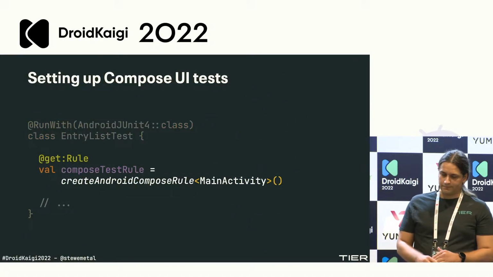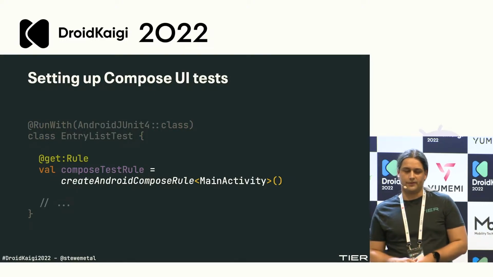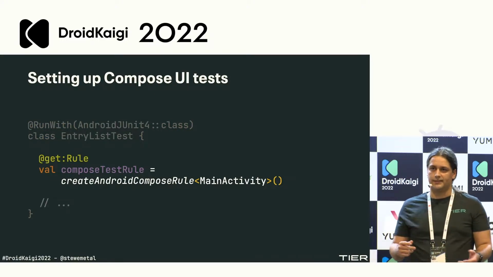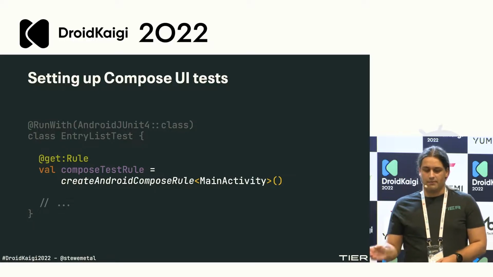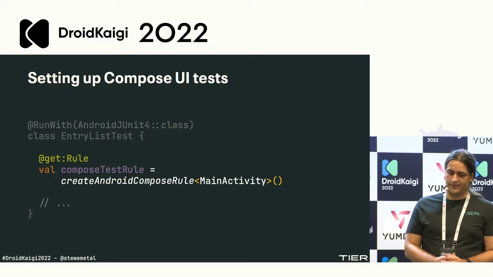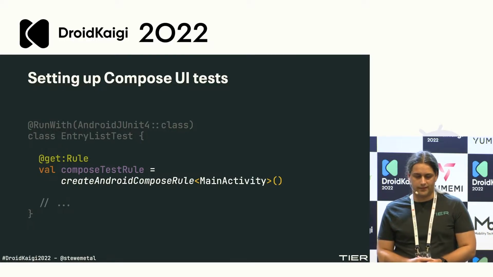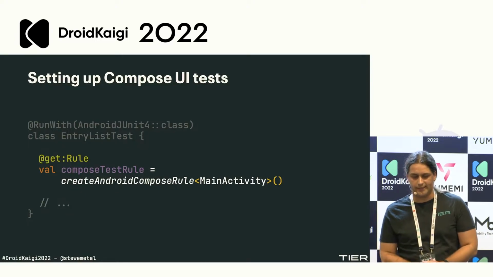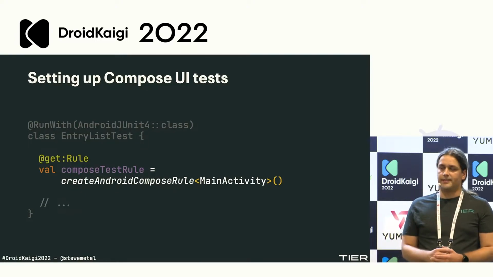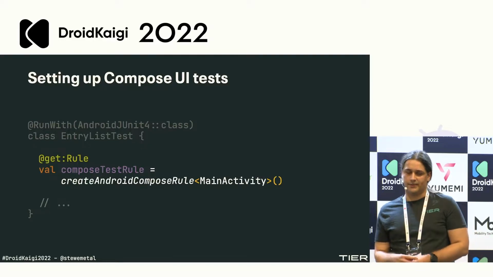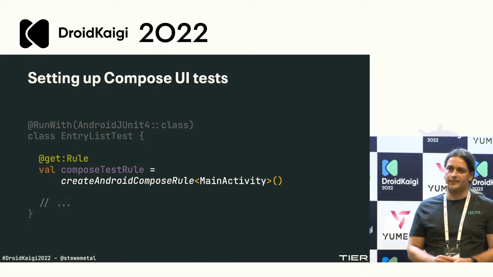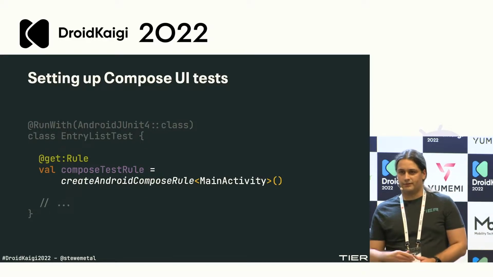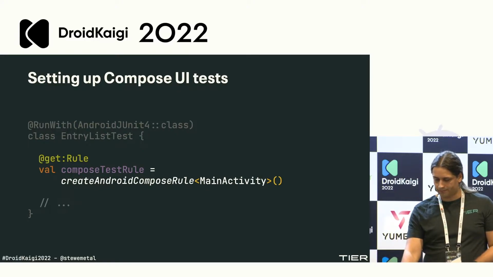What we can do here is create a test rule. This is pretty much an ActivityScenarioRule that we can create, but with Compose there come some extra helper functions that we can utilize. In this example, it's createAndroidComposeRule, which will set up an activity for us. Actually, that activity can be provided by us, or we can just use a built-in one.